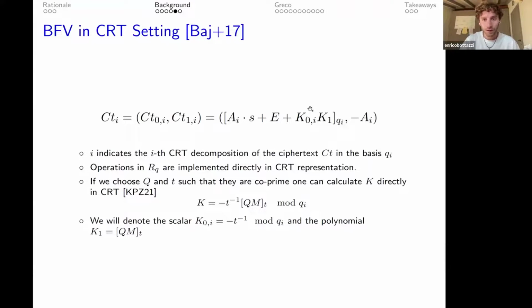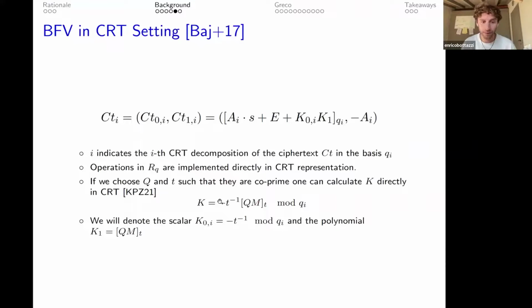And there's also another property that is explained in this paper. You can see all the references in the actual Greco paper at the bottom. If we choose Q and T, so the ciphertext and the plaintext modulus, such that they are co-prime, we can calculate the K directly in the Chinese remainder theorem using this formula.